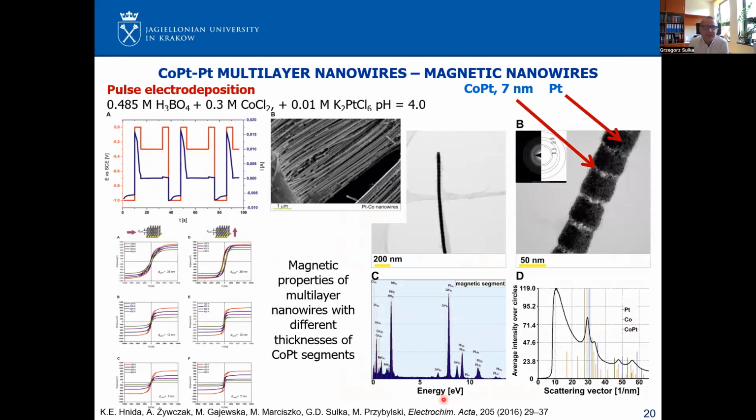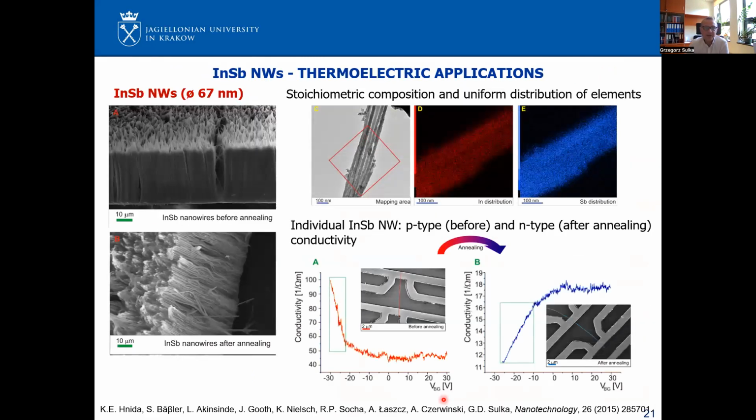Another example, here we've got multi-layered nanowires made of platinum and platinum cobalt layers, and we studied magnetic properties of such nanowires.